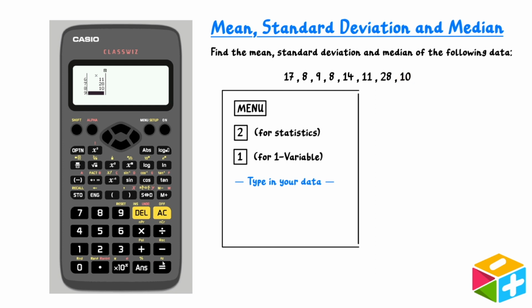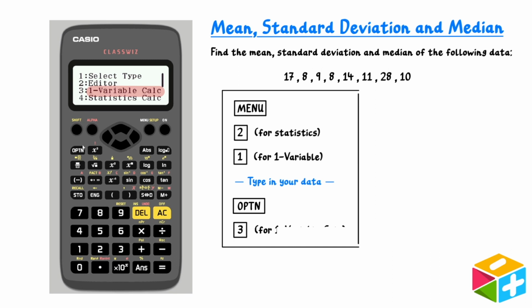Once all the data has been typed in, we need to press the Option button. This can be found in the top left corner with the letters OPTN. From here, we'll want to select One Variable Calc.